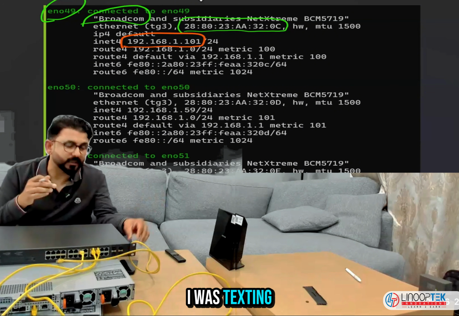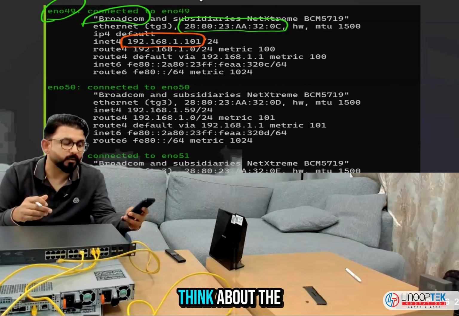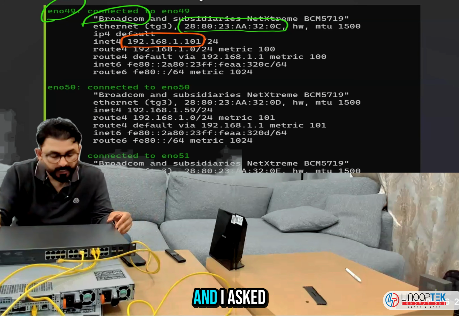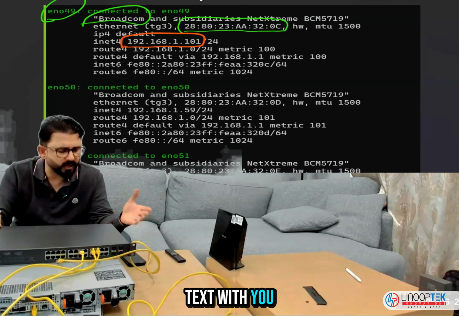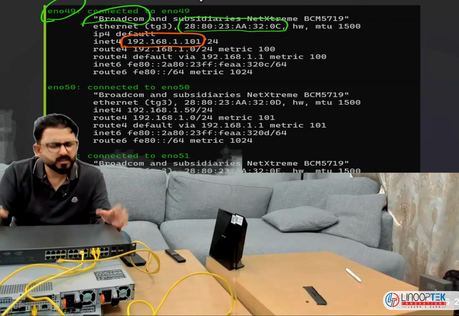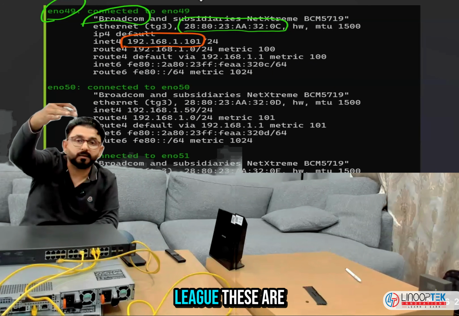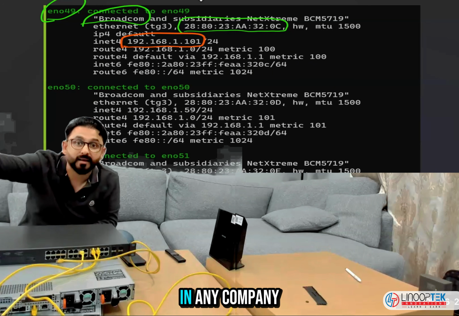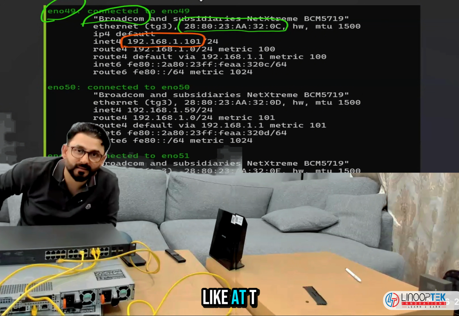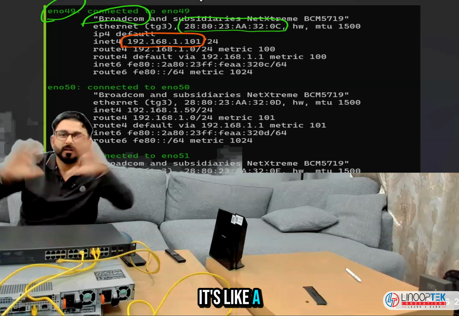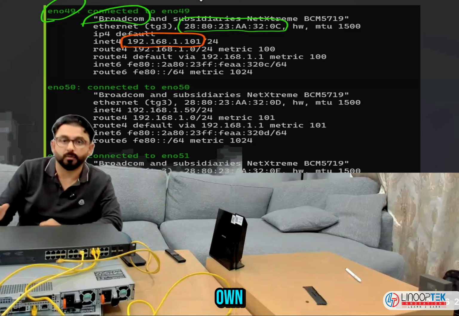I was texting him the other day. I said, Hossein, what do you think about the AI? I can share the text with you guys at some point. Smart guy, because these guys are the decision makers. He's the top league. These are the top guys in any company. A company like AT&T, where you have 300,000 employees, is like running a country on its own.